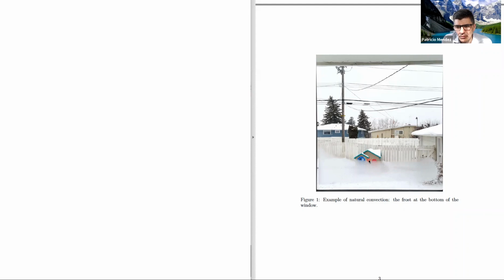And it gets to a point in which the thermal resistance of convection is so high that the surface of the window is below freezing. And that's what we see. It's a fantastic way of understanding what's happening. And it says so much about why mirrors sometimes fog up this way, right?